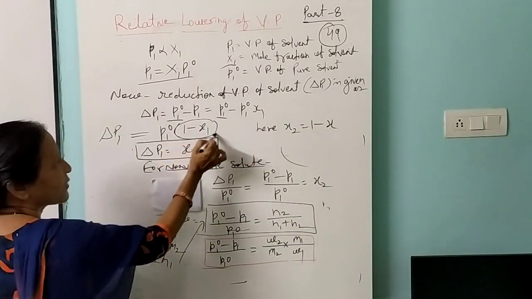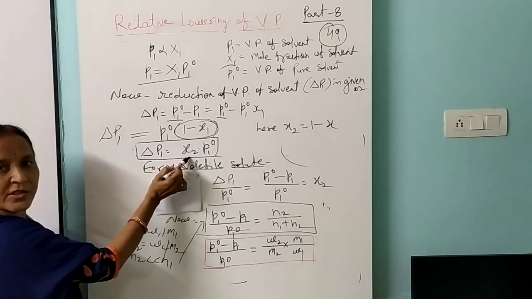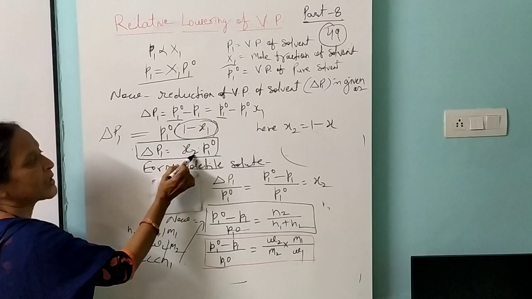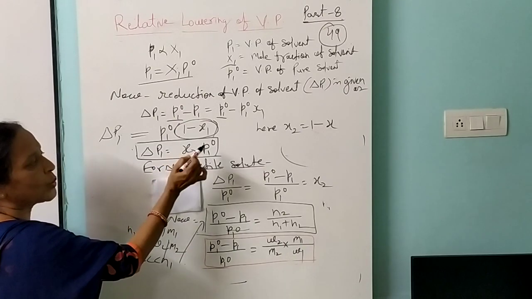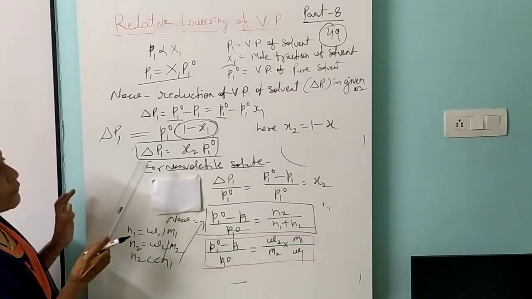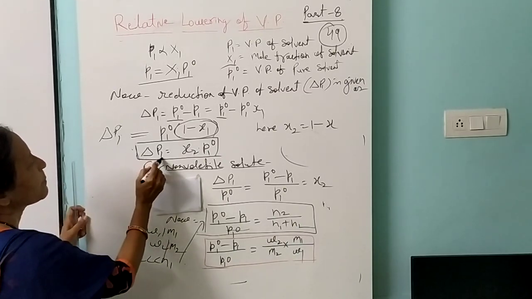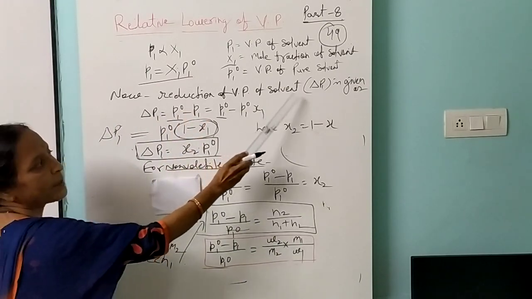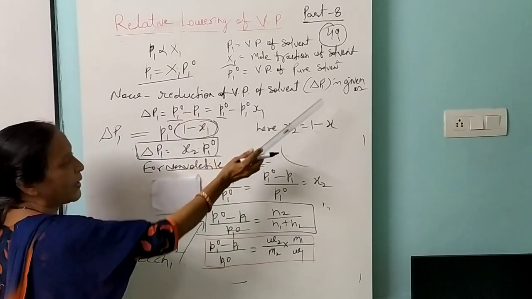So instead of this 1 minus x1, I can write x2. So delta P1 is equal to x2 into P1⁰. This delta P1 is our reduction in vapor pressure of solvent.